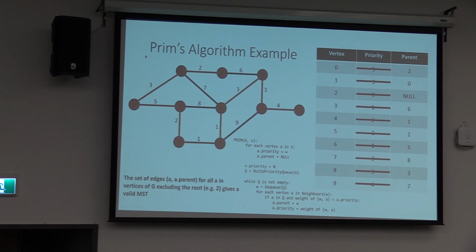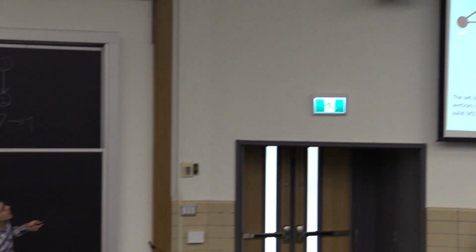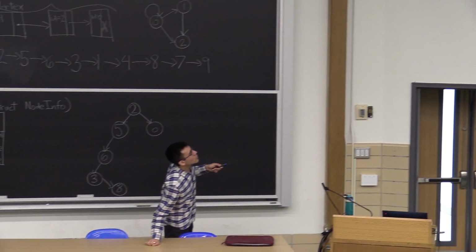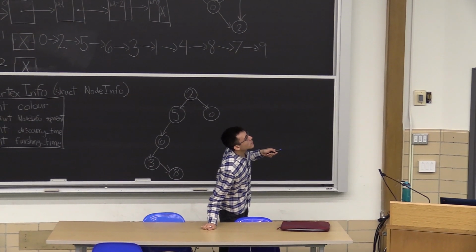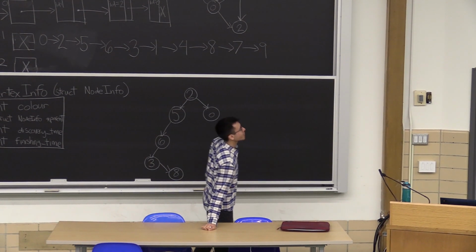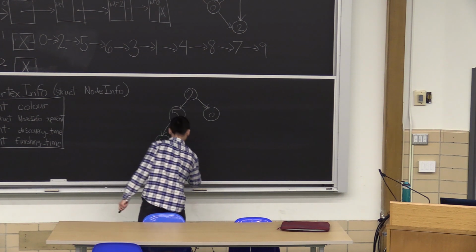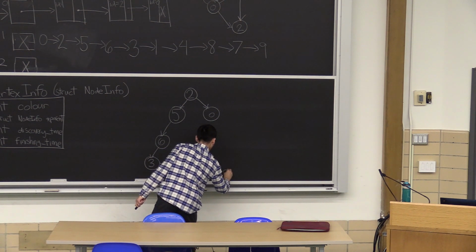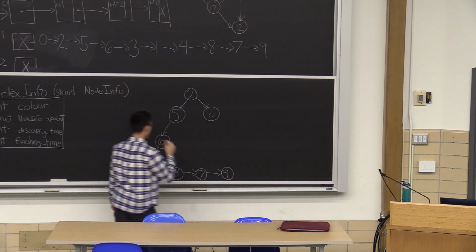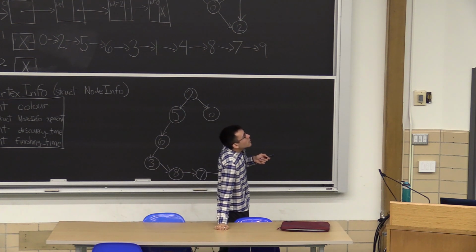So yeah, sorry, it's getting a bit messy. And then our 8 leads to 7, and then 7 leads to our 9. Okay, so we're going to have 7, and 9. And then anything else?